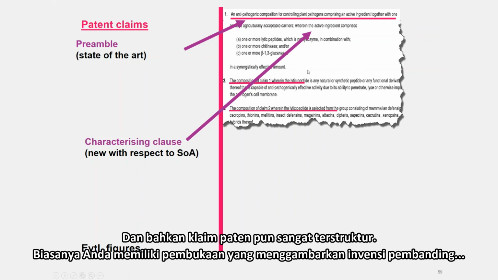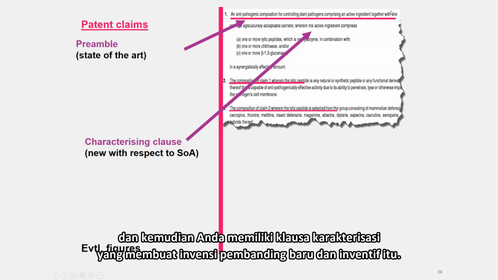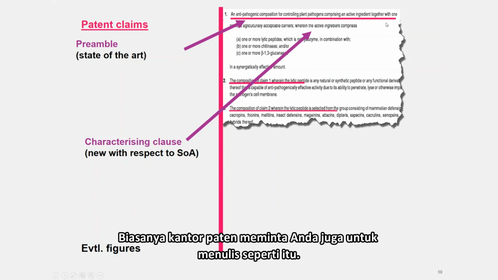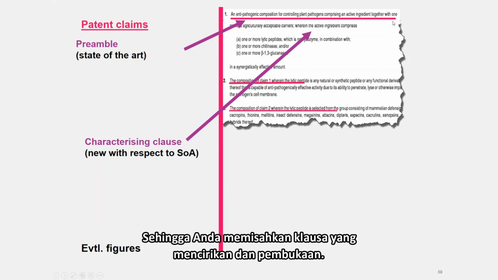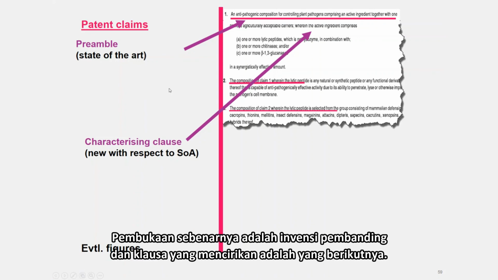Even the patent claims are very structured. You normally have a preamble which describes the state of the art, and then the characterizing clause which makes it new and inventive over the state of the art. Patent offices ask you to write the patent in that way, so that you separate the preamble, being the state of the art, from the characterizing clause, which is what comes next.